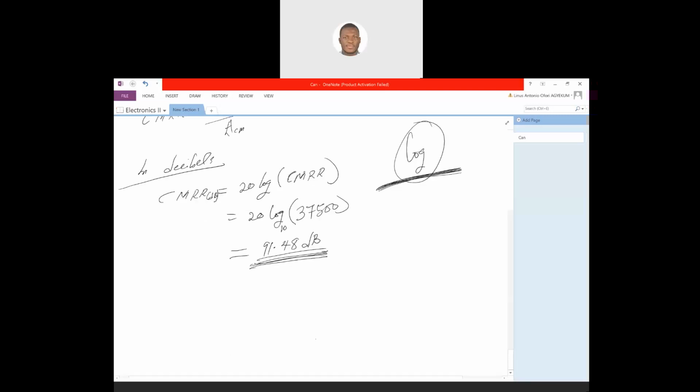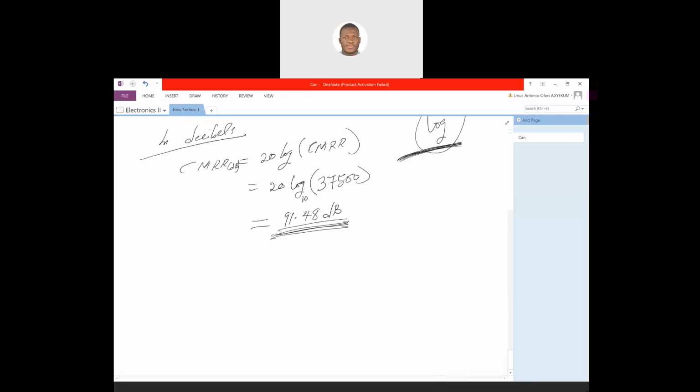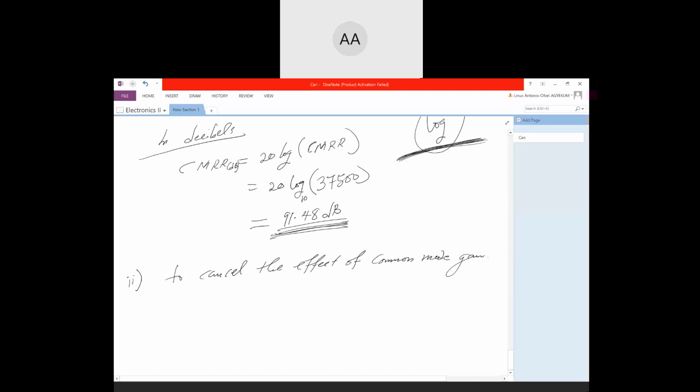Now, the last question is asking us what is the purpose of the offset null circuit in operational amplifiers? It is very simple.